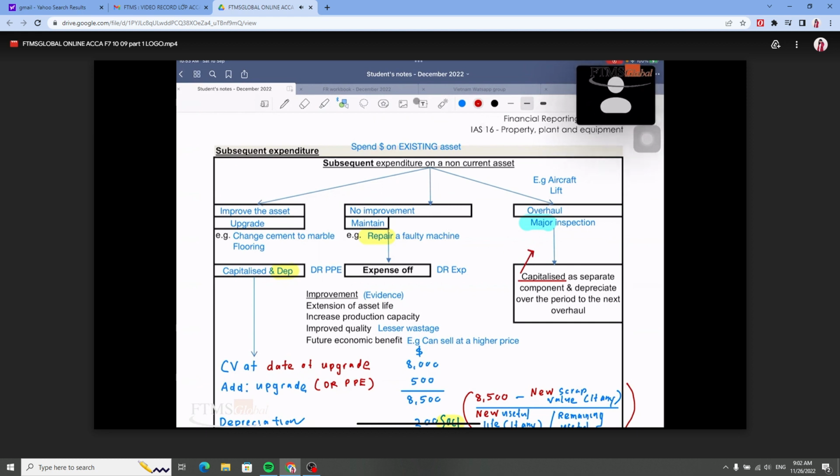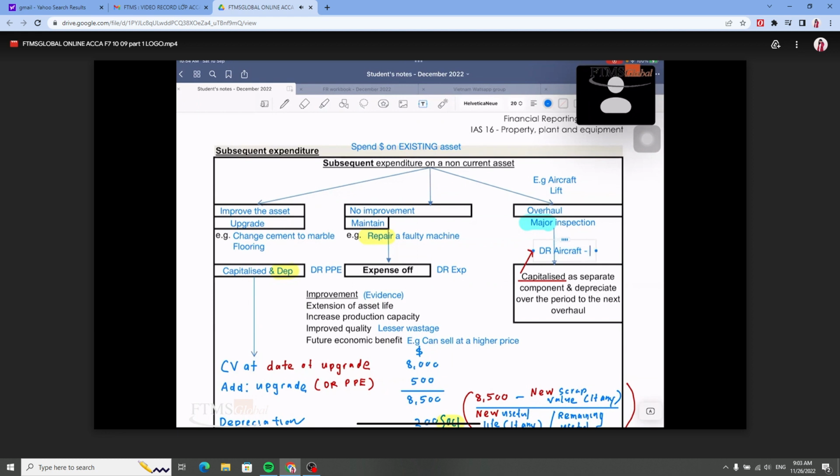Capitalize as a separate component. Separate component means you subdivide. Maybe I don't use PPE, I put another one, I put aircraft. Aircraft is a PPE. I debit aircraft as a separate component.